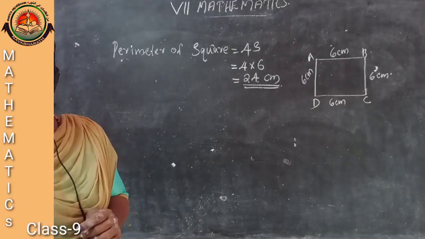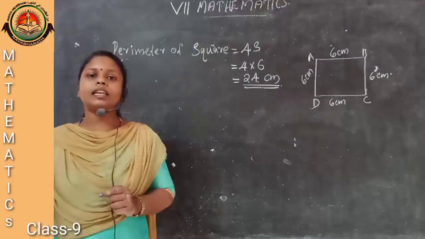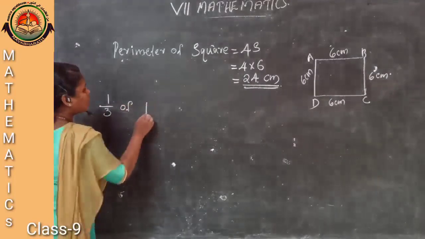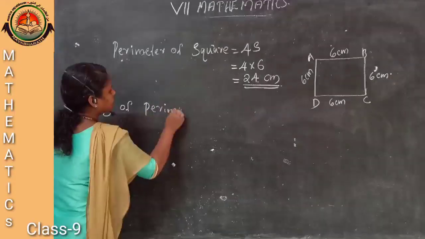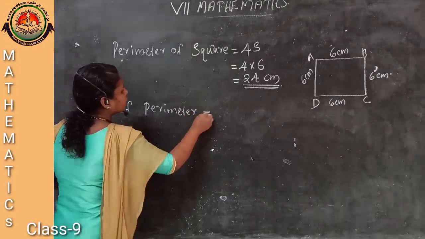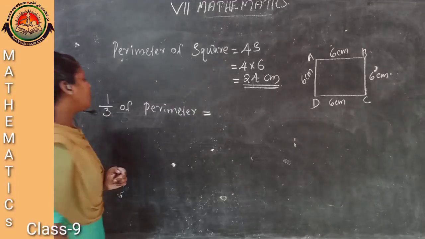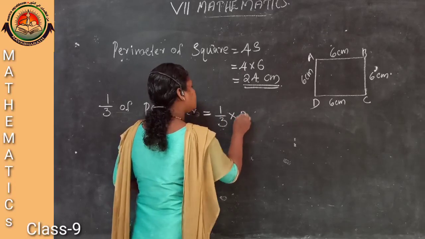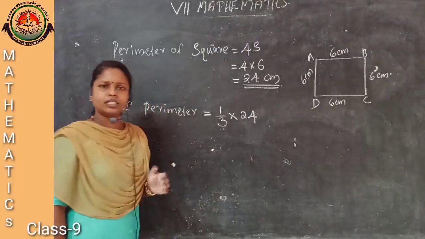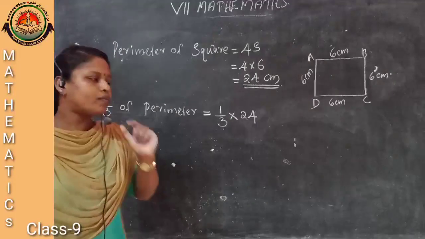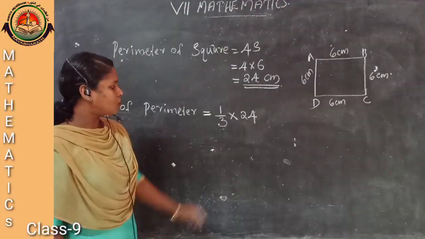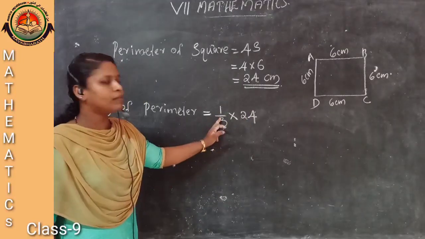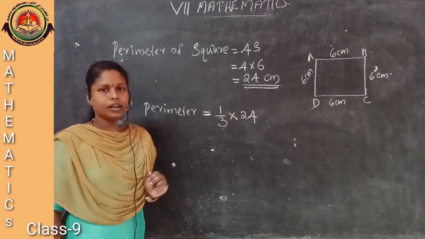Okay. Next we need to find the 1 by 3 of the perimeter. 1 by 3 of perimeter means 1 by 3 of 24. Of means, we have studied the operation of. Of means multiplication. So 1 by 3 into 24. We already studied how to multiply a fraction and a whole number.